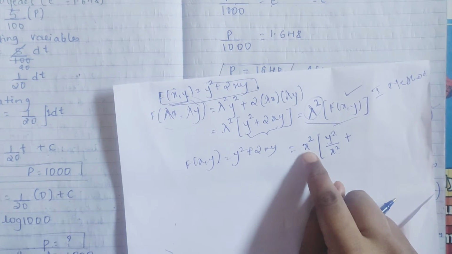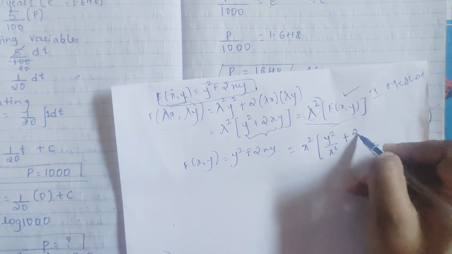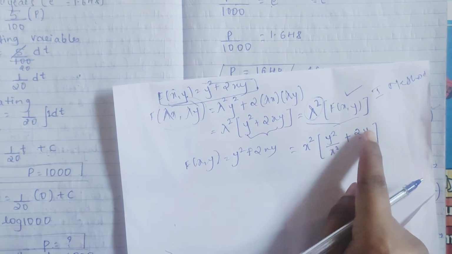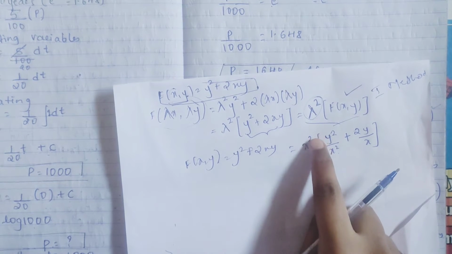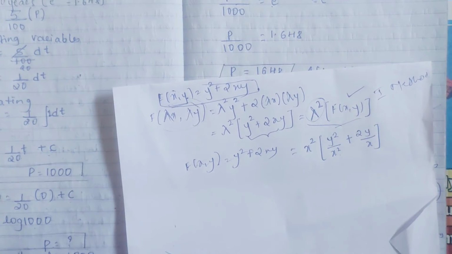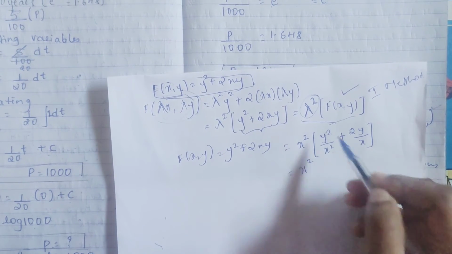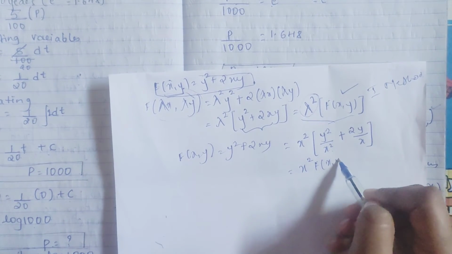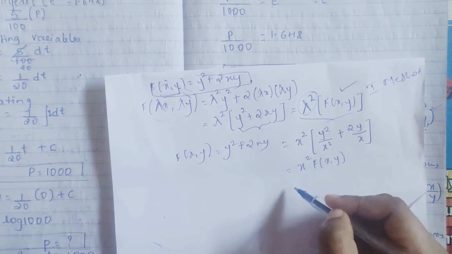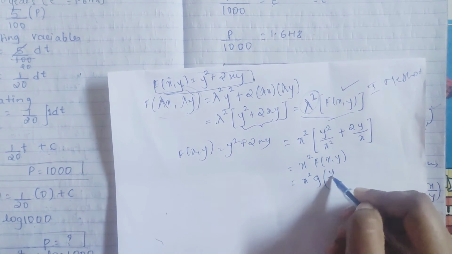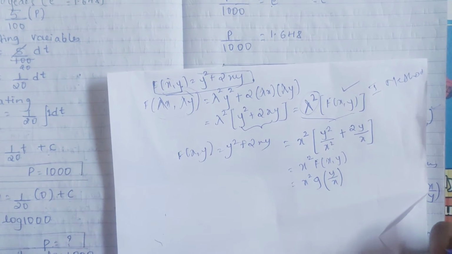And inside it will be 2y by x, because x square into 2y by x, if I cancel this x, I will get 2xy only. So again you get x square times f of x comma y. This I can write as x square g of y by x.